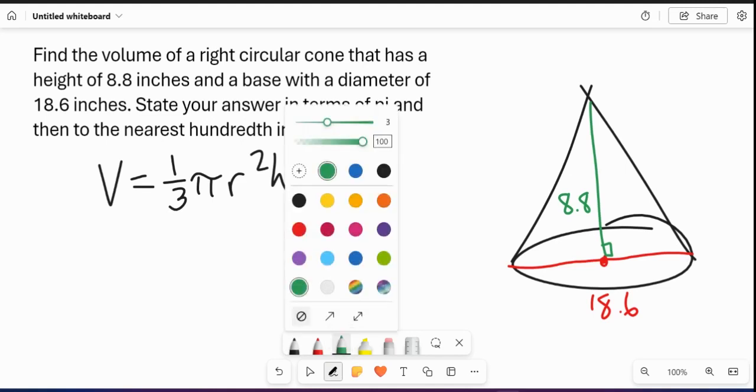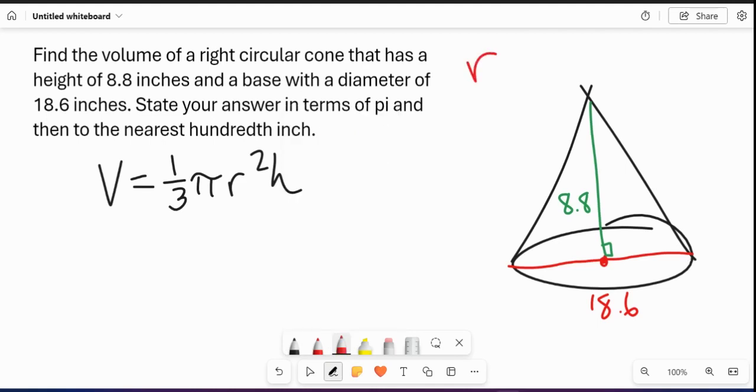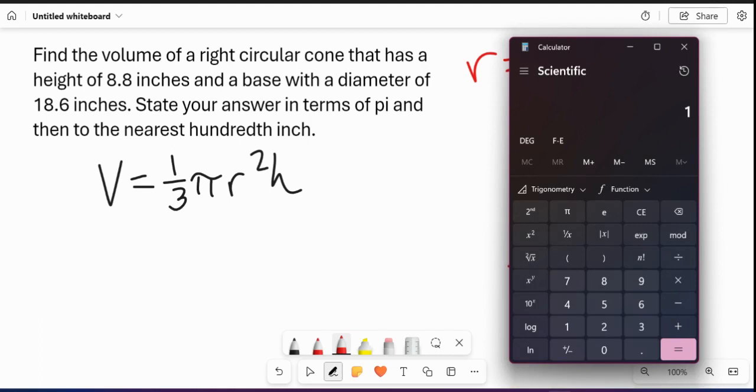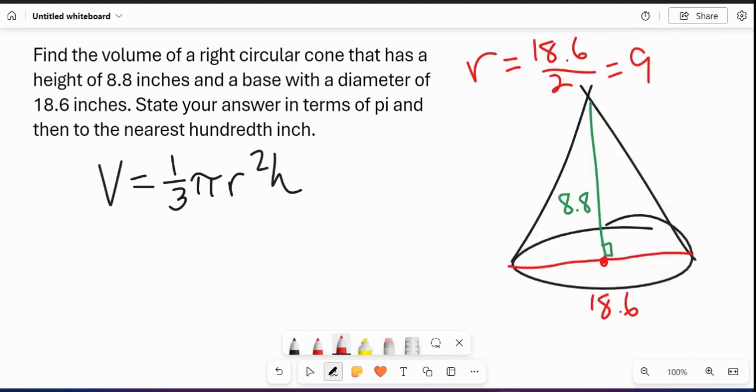So the radius equals 18.6 divided by 2, and I have a feeling it's going to be an ugly number. 18.6 divided by 2 is 9.3. Not that bad. It's a decimal, so it might get a little ugly when I multiply everything in here. So that is my radius, 9.3.